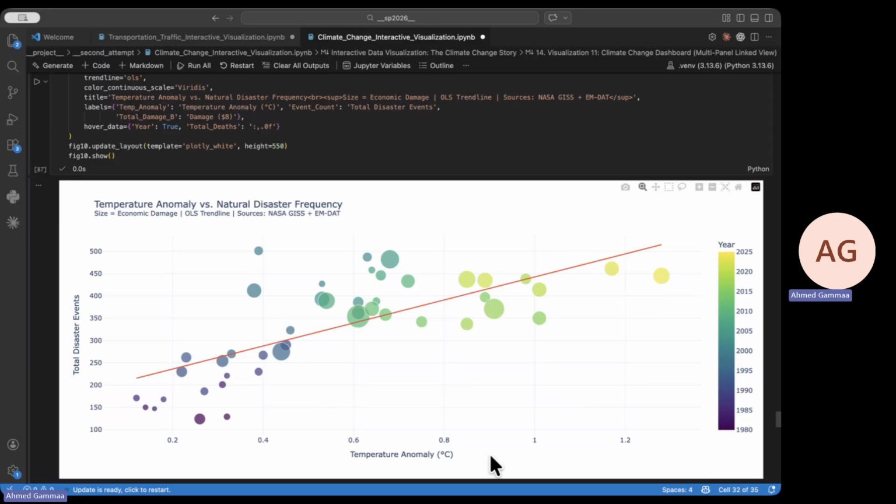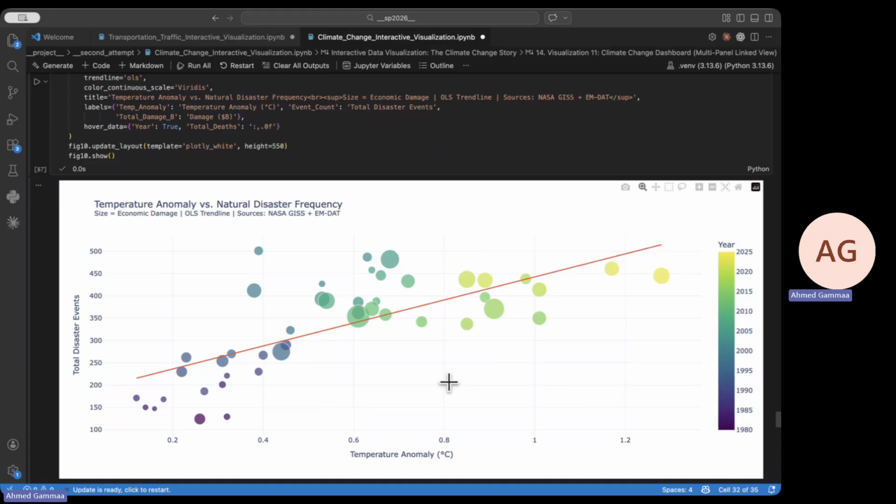On the x-axis we have the temperature, and on the y-axis we have the frequency of natural disaster events. And as you can see, we have this OLS trend line, which presents a clear, statistically positive correlation between the two.